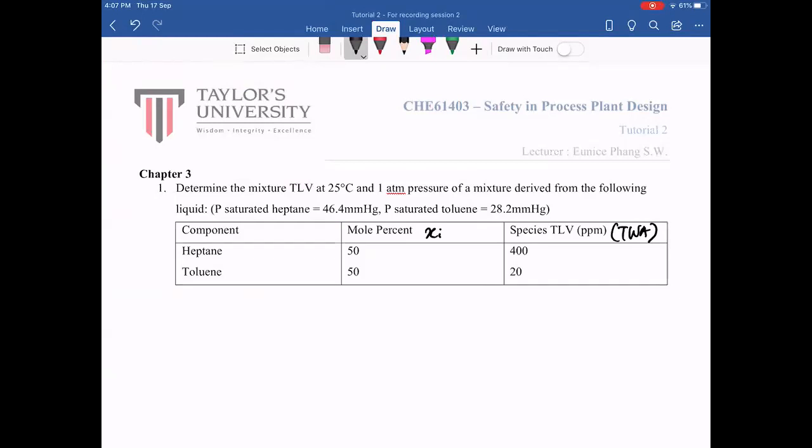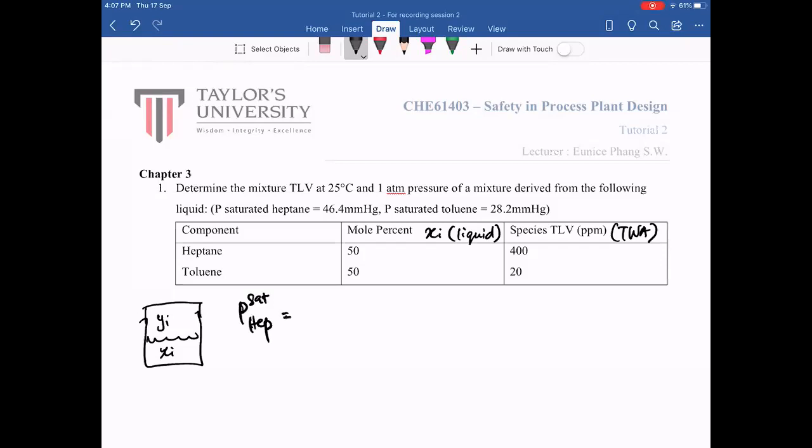Yeah, so let's start. In order for us to convert, because this is what we know when we have X here in liquid form, we want to know what is the mole percentage in terms of vapor phase. So we can start with the P saturated for heptane.